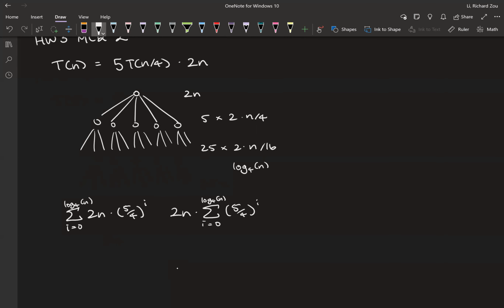And let's see here. So this means that this will be, how do you analyze this again? Oh, right, using geometric series.